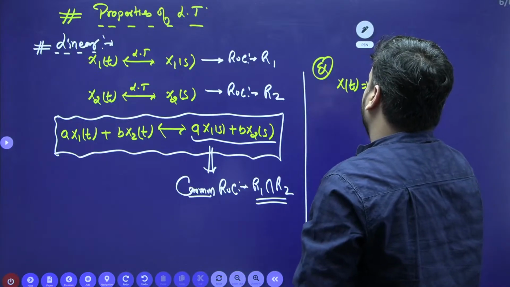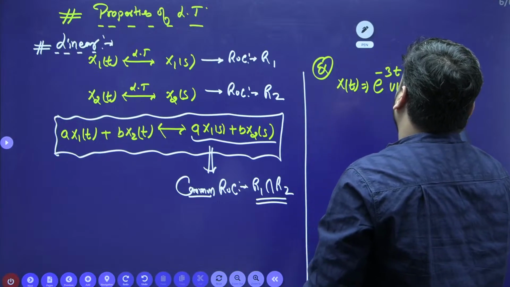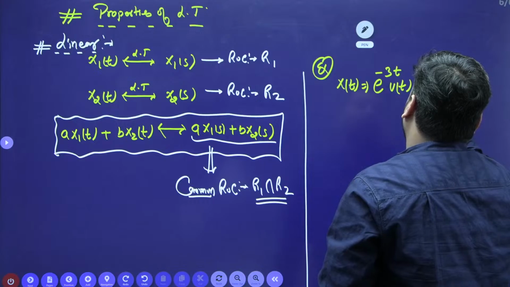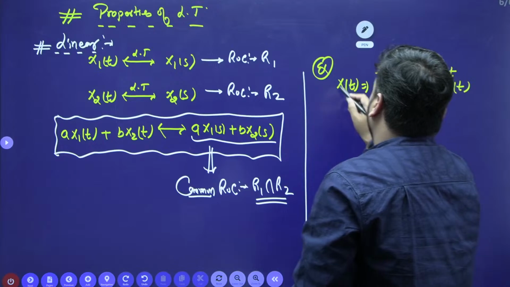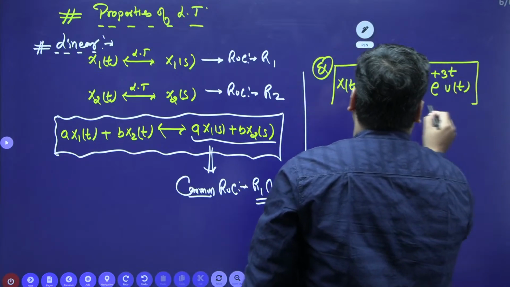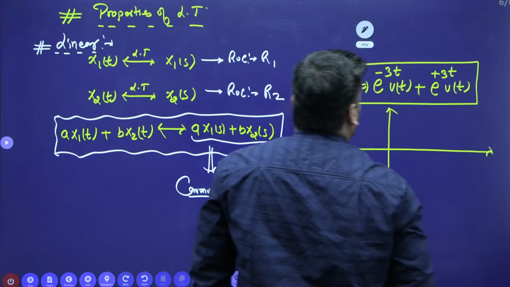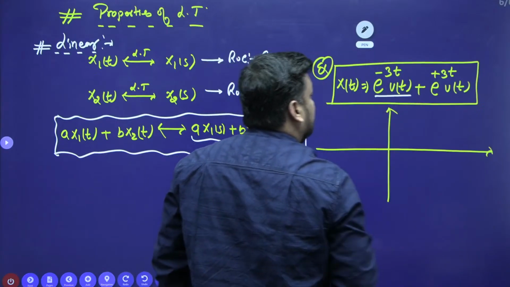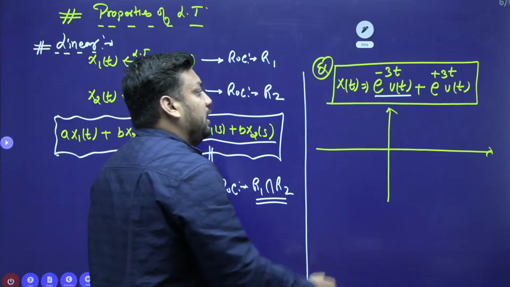If x(t) is e to the power minus 3t u(t) plus e to the power plus 3t u(t), then tell me what the common ROC is. The common ROC is the intersection. Both are u(t), so the ROC must be to the right of the rightmost pole.